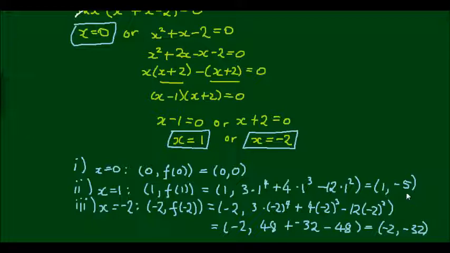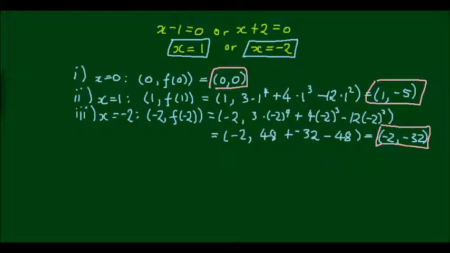Okay, so we've found all of our critical points, and let me circle them in pink because I can't choose any better color. Alright, the third and final step of the process is to determine the nature of each critical point.